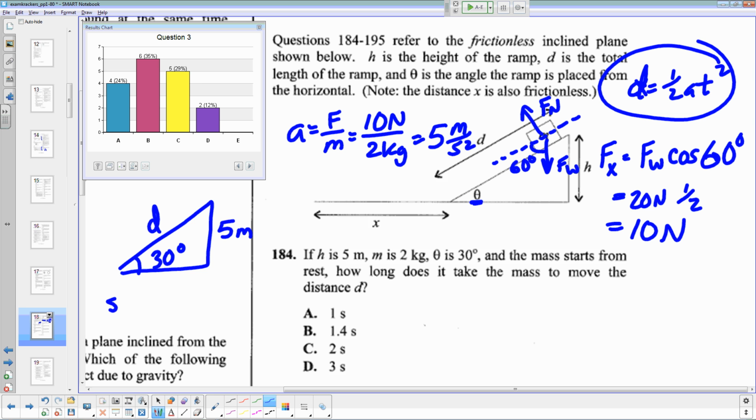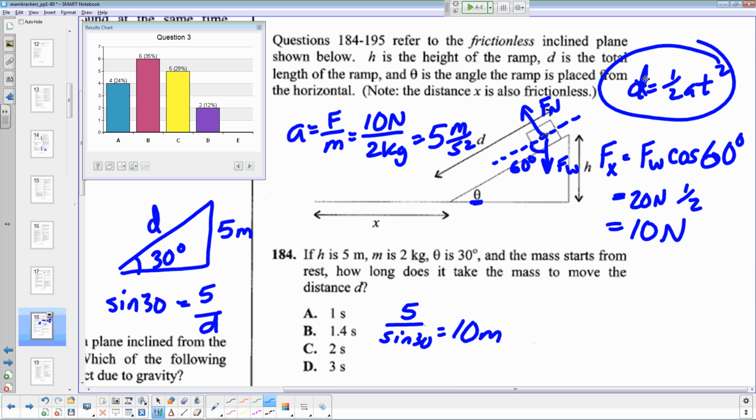The sine. So I say sine of 30 equals opposite over hypotenuse. Remember SOHCAHTOA, S-O-H. Sine of 30 is 5 over d. And then solve that for d. 5 over sine of 30 is equal to 10 meters. All right, so the length of that inclined plane is 10 meters.